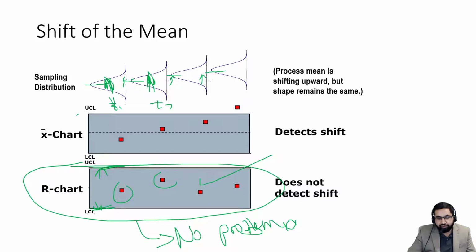As long as it's not getting wider, our chart will stay the same. The drift in the mean, however, is going to show up in the X bar chart as the average value drifts away. We see the red blocks getting higher and higher and eventually crossing the upper control limit.